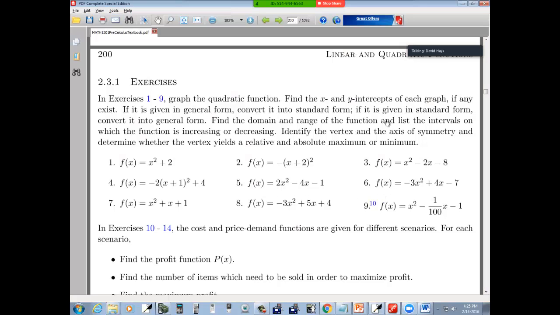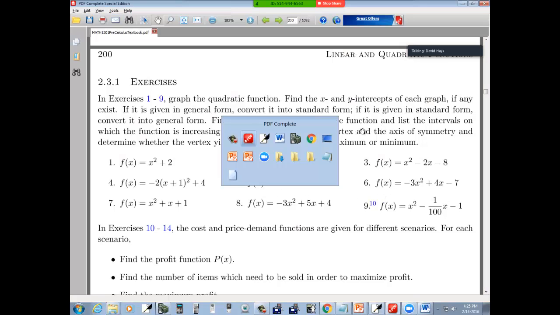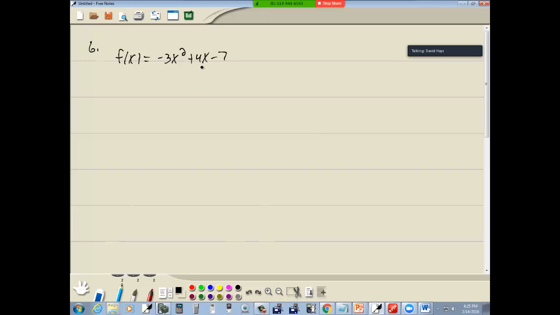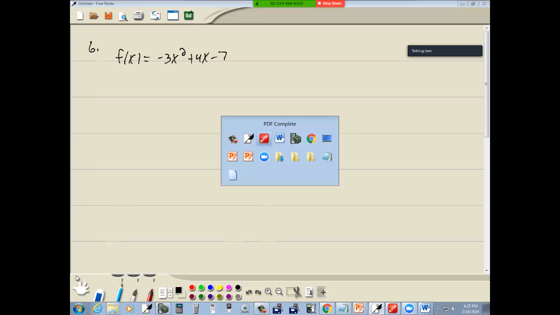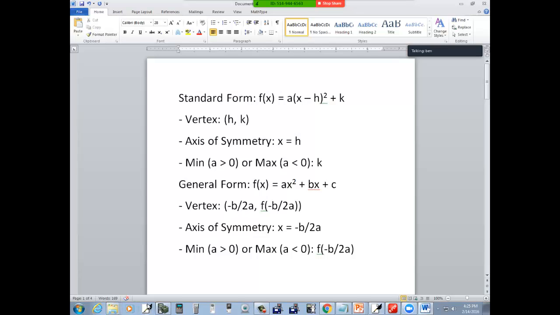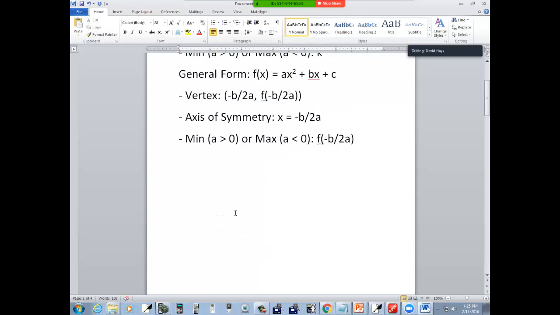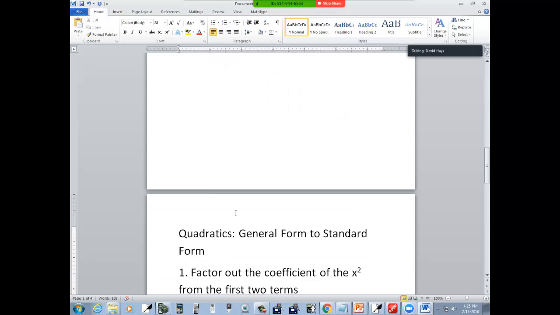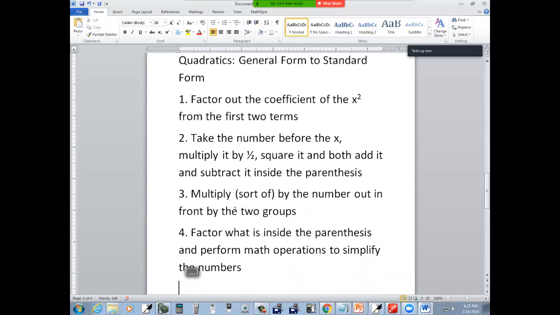And then do you want to see all the parts again, or do you just want to see putting it in standard form? Yeah, the standard form. Just really the standard form. I understand the quadratic formula, so I can get the x-intercepts by myself. Okay.